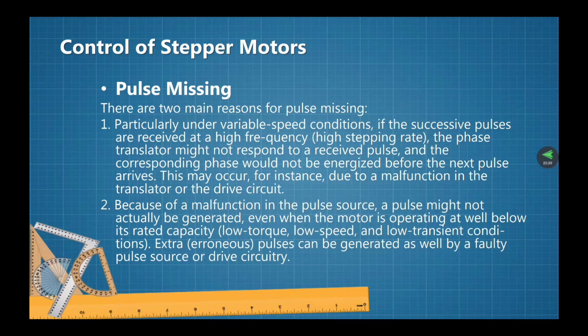So, how to control a stepper motor? Open loop operation is adequate for many applications of stepper motor, particularly at a low speed and in steady state condition. The main shortcoming of the open loop control is that the actual response of the motor is not measured.